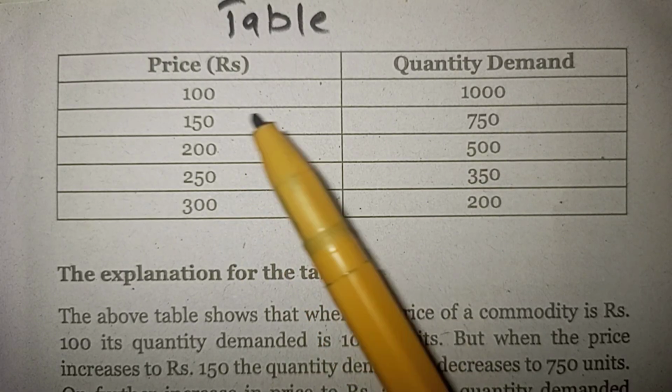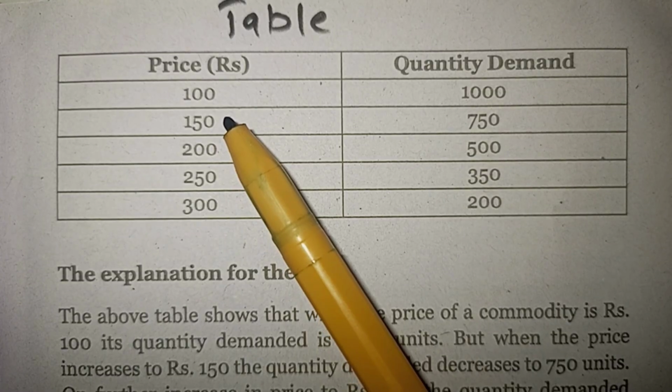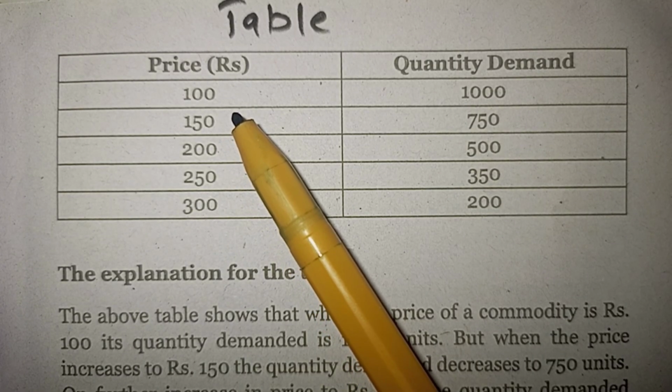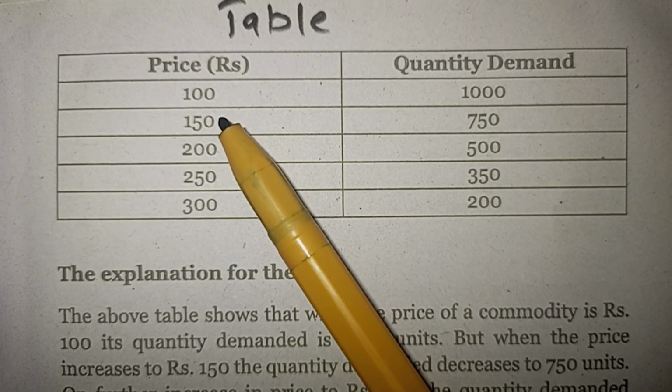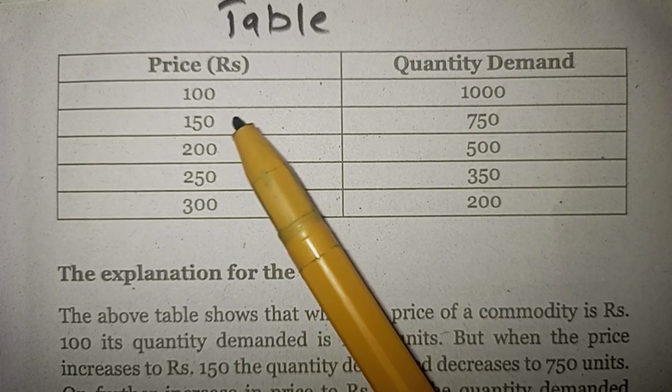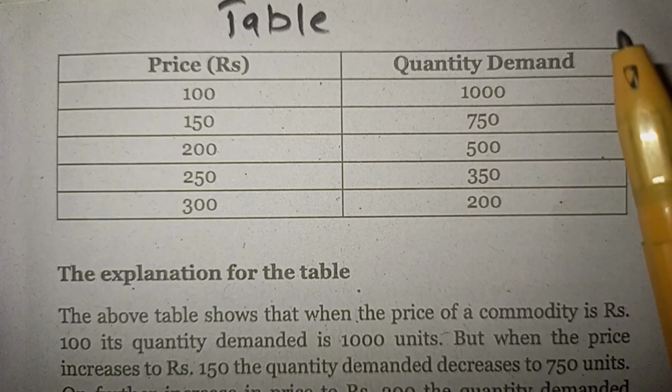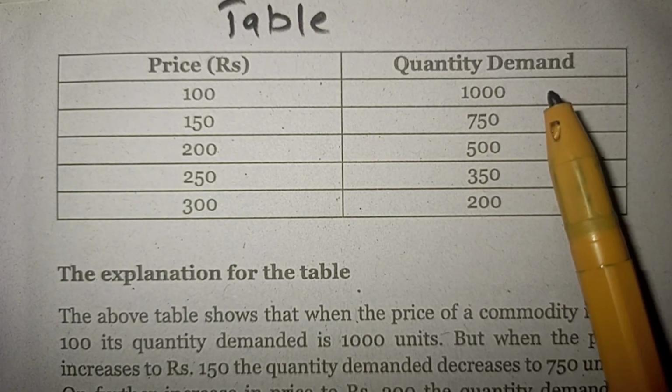Here, for example, the commodity is sugar. If the price of sugar is 100 rupees per kg, then the quantity demanded is 1000 kg, for example the demand of 10 families.